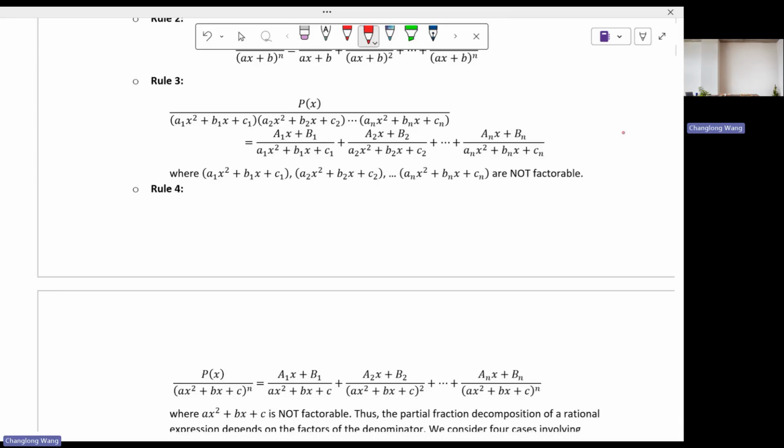It's quadratic, right? A quadratic factor repeated n times, so you need n partial fractions. Each of them takes the same factor, but raised to the power up to n. For rule number 3, you have n distinct quadratic factors, right? Each of them serves as a denominator for a single fraction.